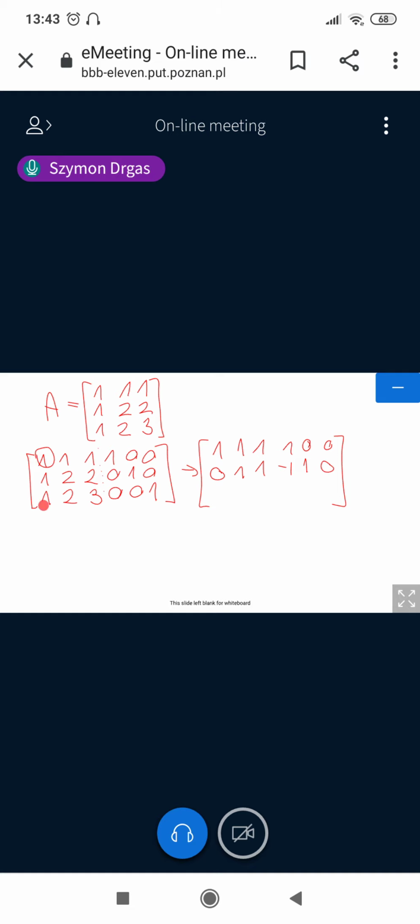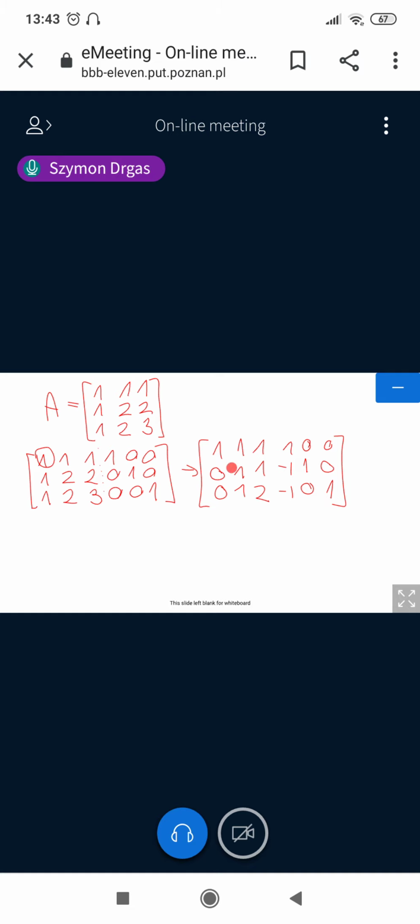And I can also eliminate this entry, so I also need to subtract the first row from the third one, so it will be 0, 1, 2, negative 1, 0, and 1.